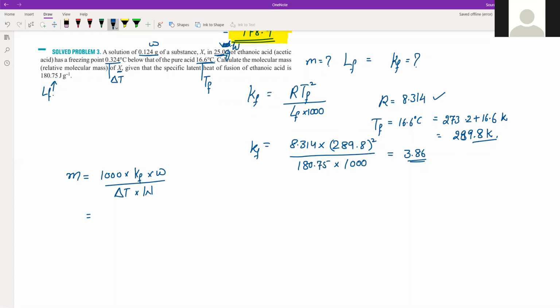So that will be 1000 into KF, which we just now calculated, that is 3.86, into the weight, that is 0.124 grams, divided by delta T, which is 0.324, into the weight of solvent, that is 25. Right, we had to change it from 25 liter to 25 grams because the density was not specified.